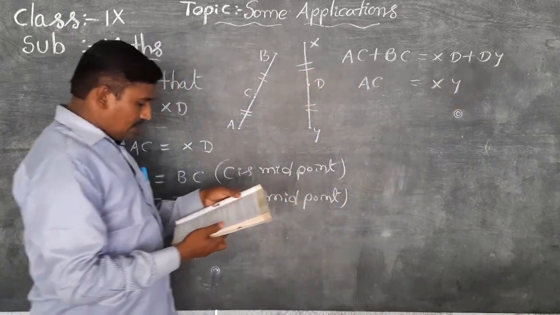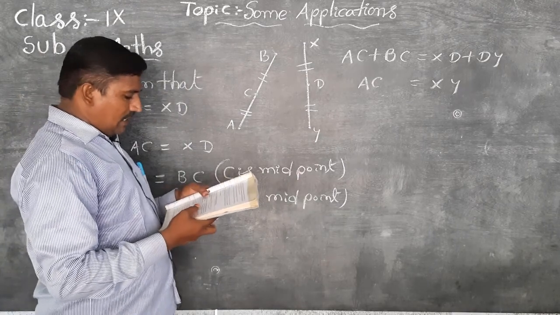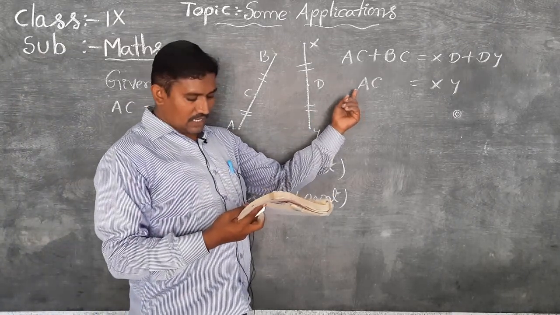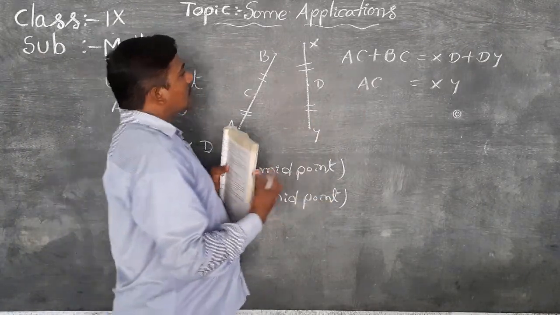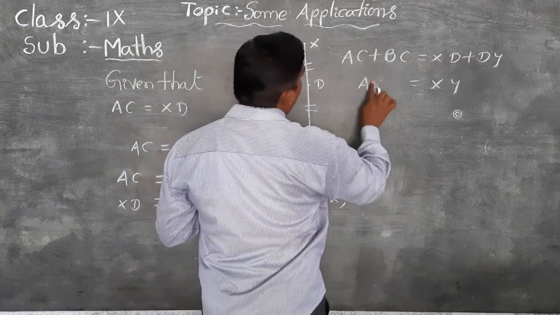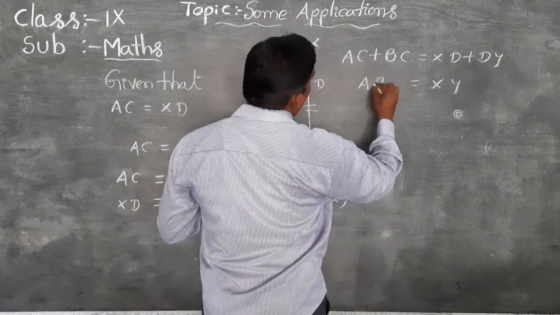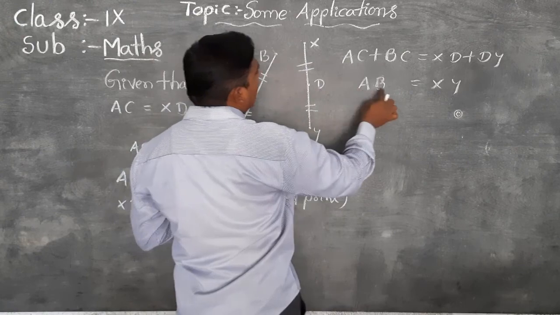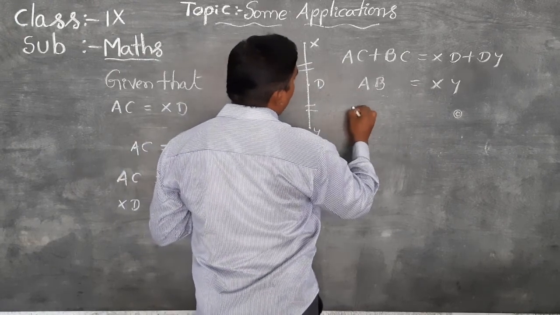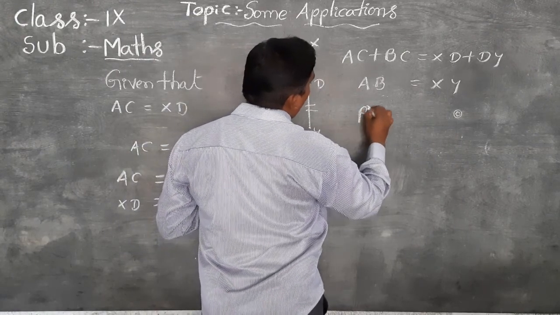What they asked to prove? Show that AB is equal to XY. This total AB is equal to XY. Hence proved.